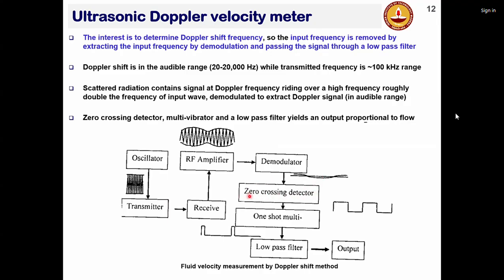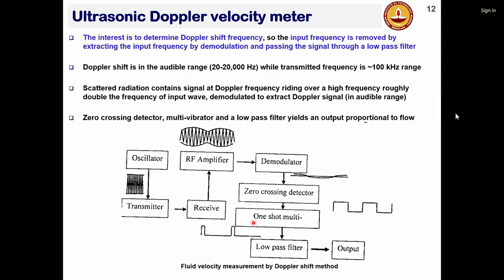Then you have a threshold that you set, a zero crossing detector. That means this Doppler frequency should not be very close to zero; it should not be very small. It should be above a threshold value. If it is very small, because you have now gotten rid of the high frequency signal, you can multiply it and make the amplitude appreciable.